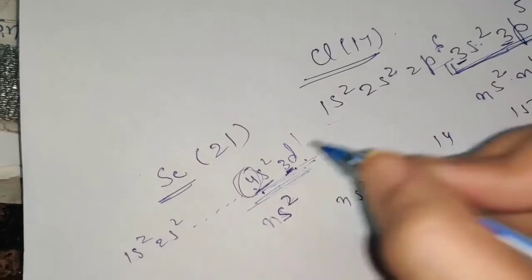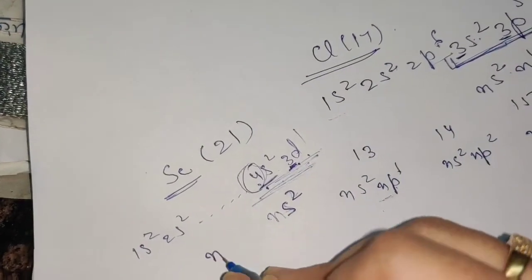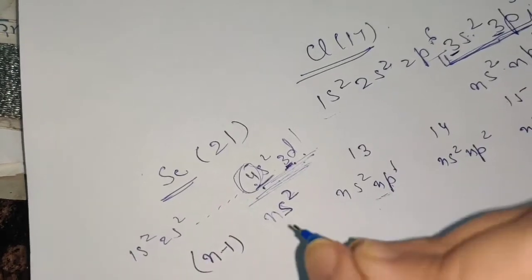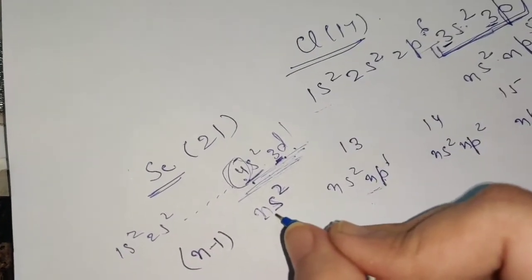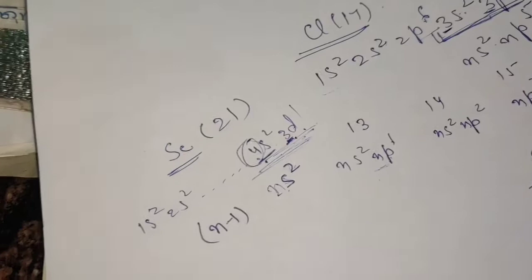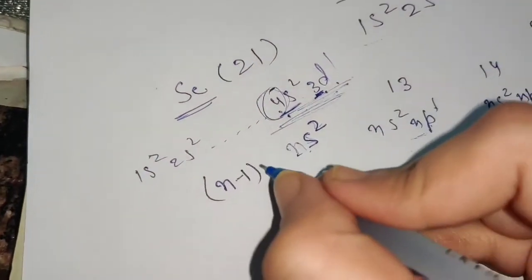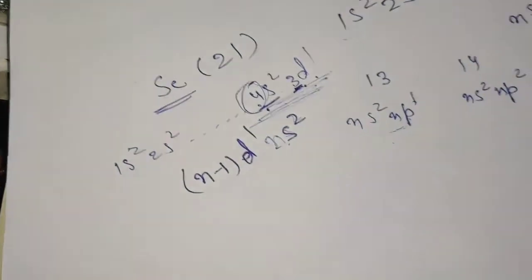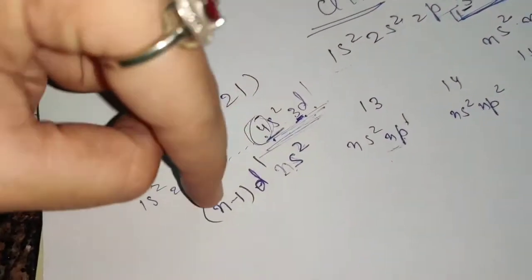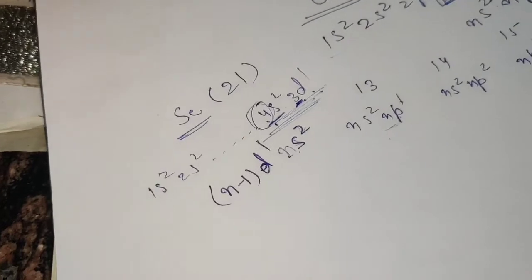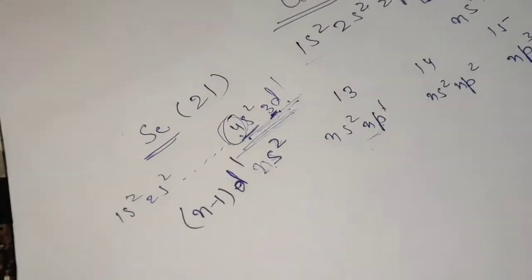So you can write n minus 1. If the value of n is 5, then the value of n minus 1 will be 4. So it is (n minus 1) d1.